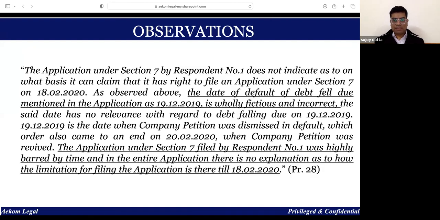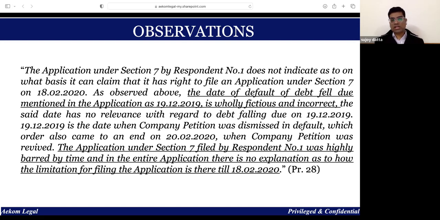I've extracted the relevant paragraph. The application under Section 7 by respondent number 1 does not indicate as to on what basis it can claim that it has right to file an application under Section 7 on 18th of February 2020. As observed above, the date of default of debt fell due mentioned in the application as 19 December 2019 is wholly fictitious and incorrect.